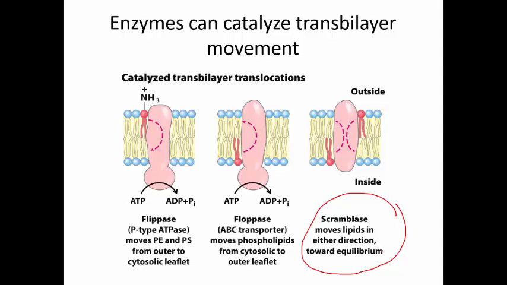However, it's moving toward equilibrium. What that means is if there's more of this lipid on the outside than the inside, and scramblase is around, this lipid will move preferentially towards the inside. If there's more of it on the inside than the outside, it'll move preferentially this way. And scramblase is not a particularly specific enzyme. It just kind of lets most lipids go through.